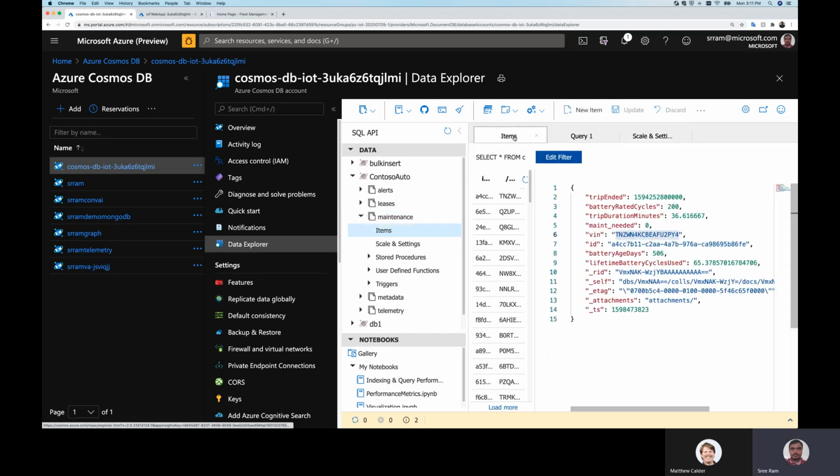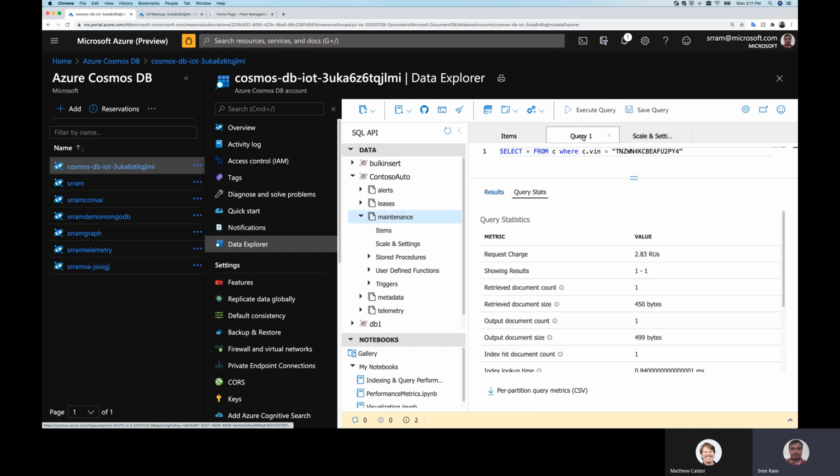So now let me take this one step further and include this field called id, which is the unique identifier of this particular item, and say and c.id equal to that one. And now let me run this query.